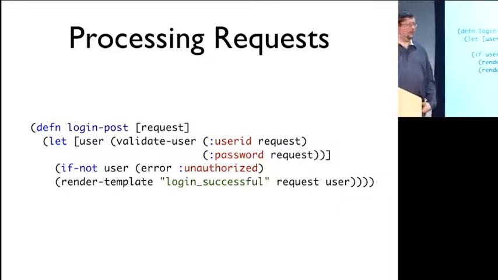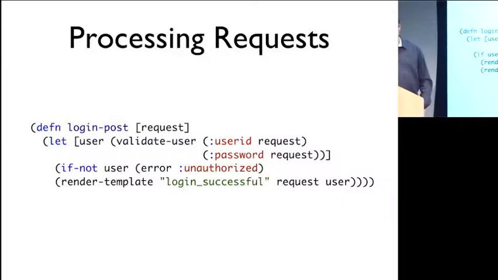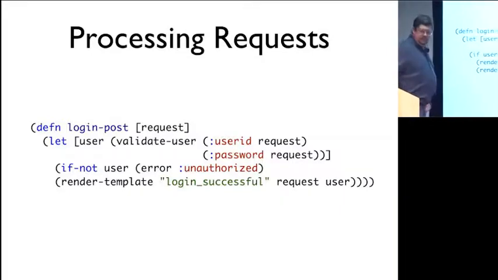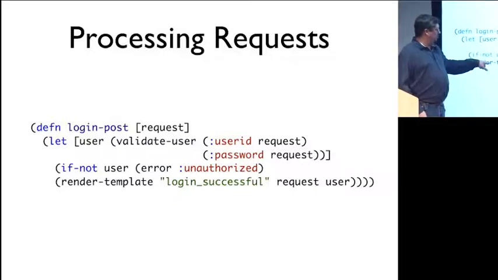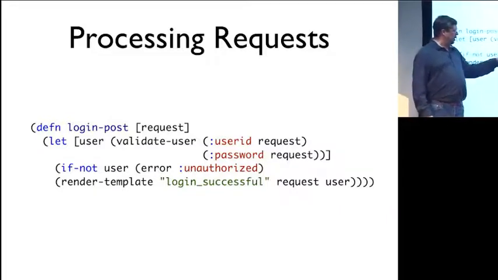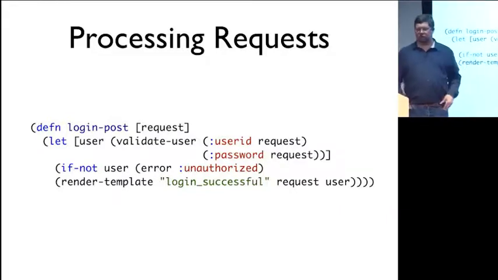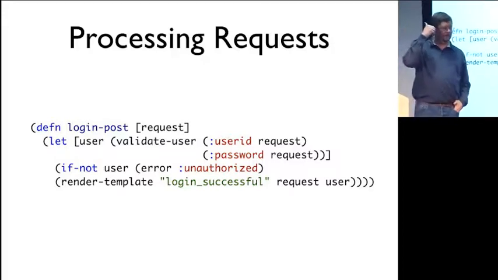It's usually handy to handle errors in one place in a common way related to your application. The way I would do this is, instead of rendering a template when the login failed, if there's no user found that's valid with that user ID and password, call some error function which would raise an exception.